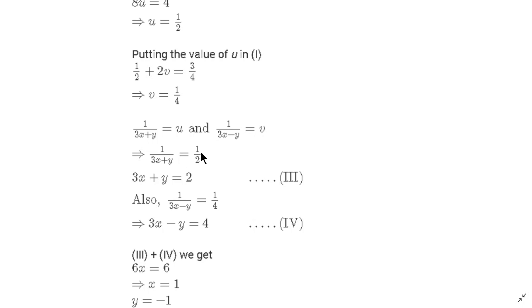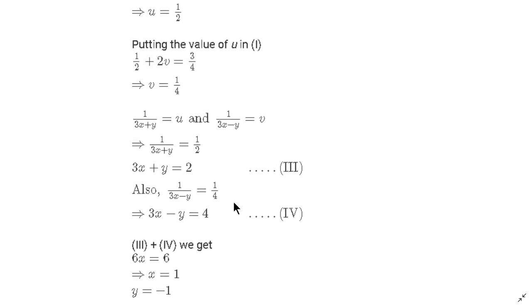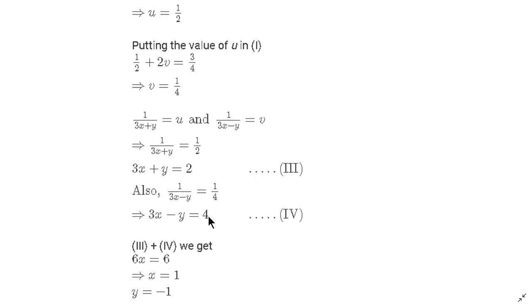So 3x plus y comes on the right side, and 2 is multiplied to 1. This is the cross multiplication, and then we will get the equation number 3 here. Again the new equation, 3x plus y is equal to 2, and similarly 3x minus y is equal to 4. Then we can see here is a plus y, here is a minus y.